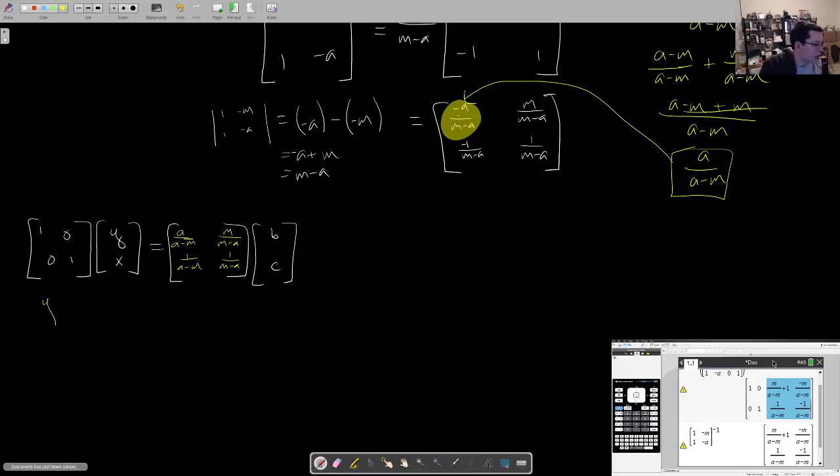Then we can say y equals, and then we will distribute b times a over a minus m plus c times m over m minus a, and b over a minus m plus 1 over m minus a.